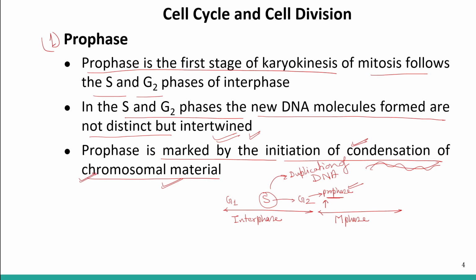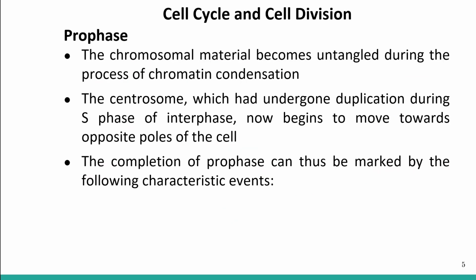The chromosomal material becomes untangled during the process of chromatin condensation. Meaning the one which was tightly intertwined now becomes loosened or untangled, like this. So this is called chromatin condensation.